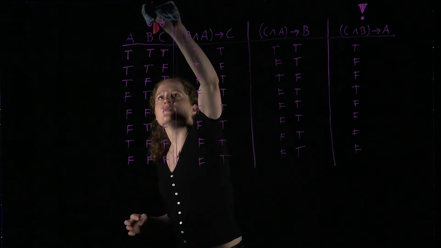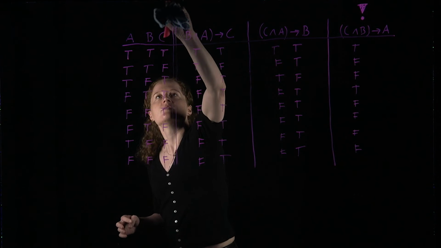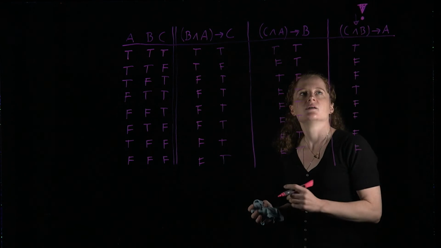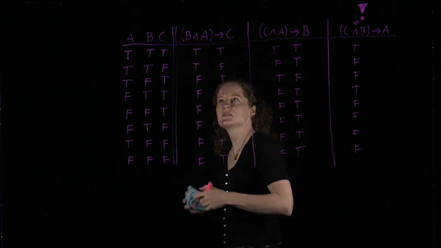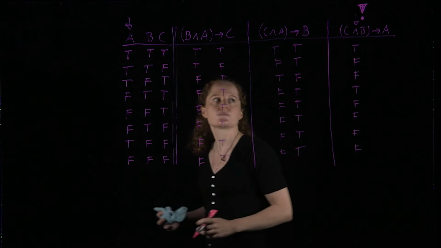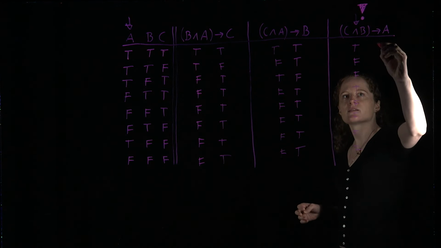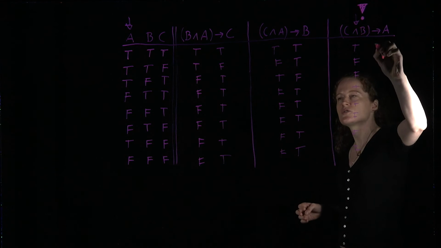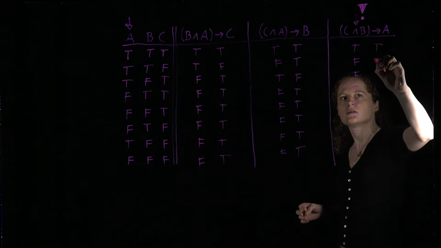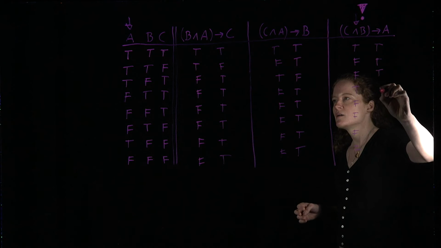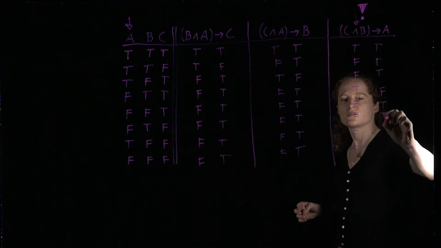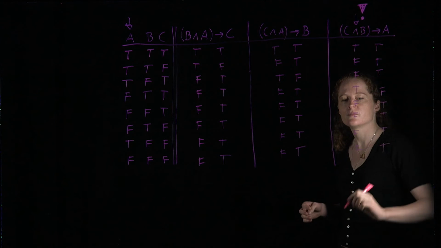And then to determine the truth value of our conclusion, we need to look at the column under the main connective of the antecedent and at the column under our atomic sentence A. And we see that this conditional is true, true, true, false, true, true, true, true.